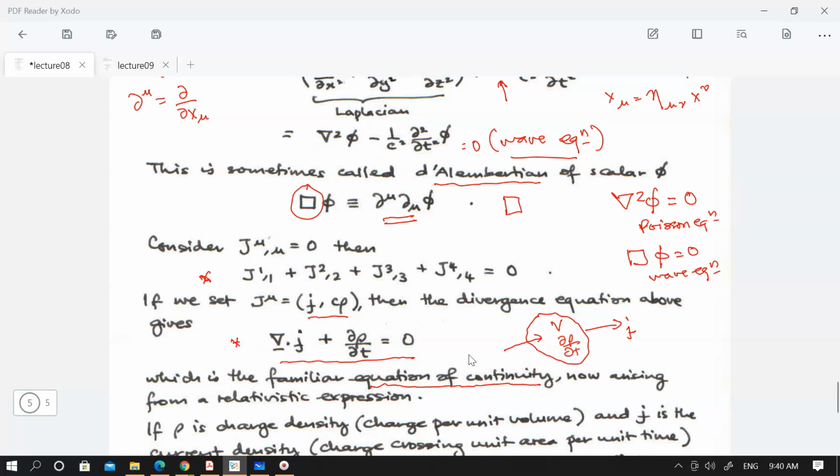Your charge can change accordingly with this influx and outflux of current. So that just says that if you want your charge density to vary with respect to time, then there must be some current density flowing in and out.